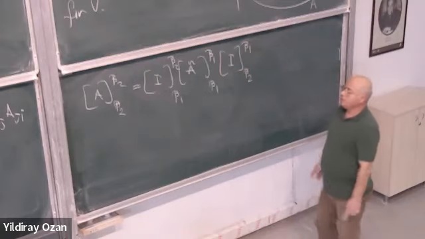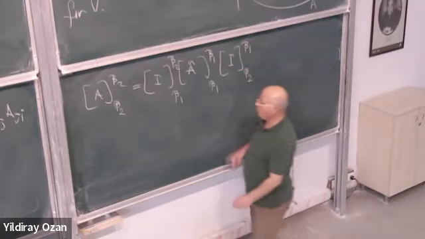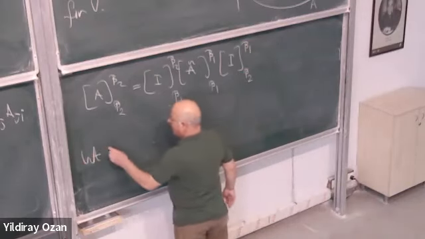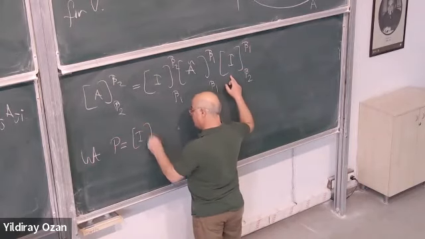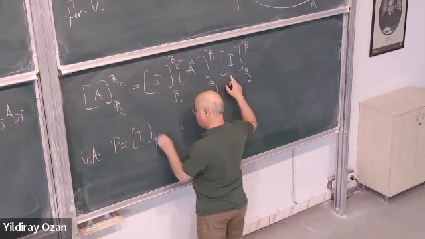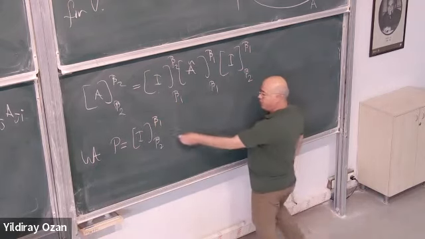Right. Now, let P be the following matrix. Okay. Then, of course, we have the following.